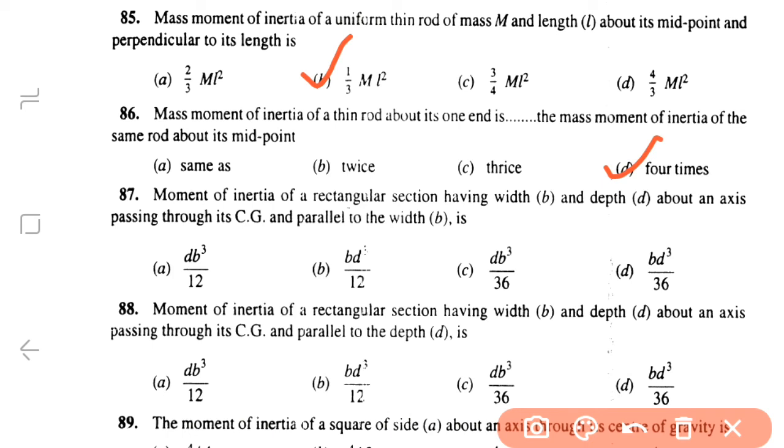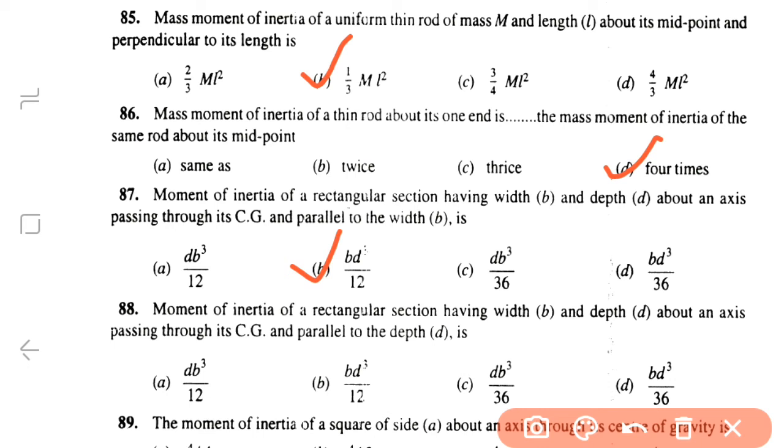Now, friends, next is moment of inertia of a rectangular section having width b and depth d about an axis passing through its center of gravity and parallel to the width b is. Here, friends, these are the options, and here the correct answer is option B, that is b cube upon 12.